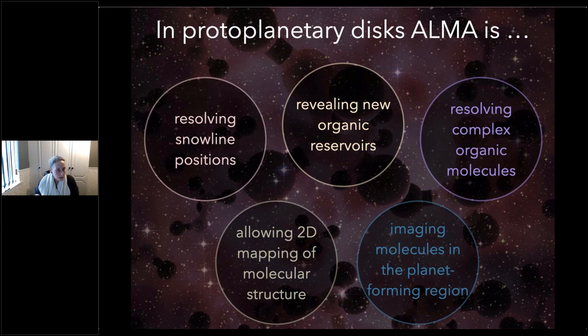For other species, for example cyanides, we're finding these are quite abundant. Methyl cyanide and cyanoacetylene are very bright, very compact emission. As far as I know, there's not much lab data on those molecules, for good reason, because they're poisonous, and who wants to work with horrible toxic materials?